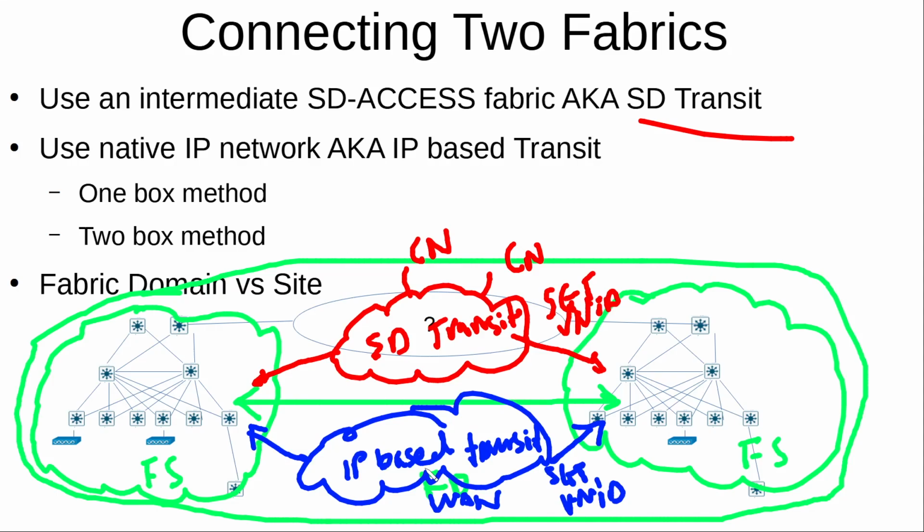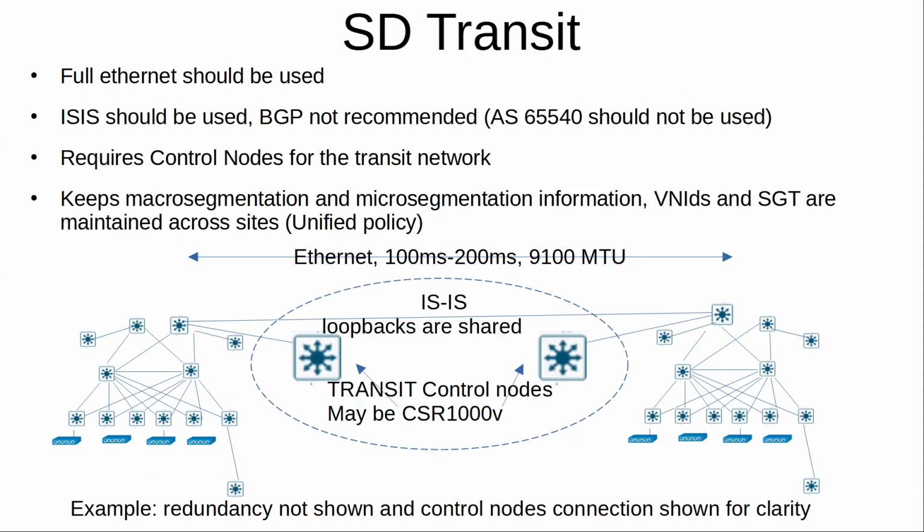So this is a challenge, being able to transmit these scalable group tags and VNIDs across this wide area connection. This IP-based transit solution has two methods, the one box method and the two box method, that we are going to see later on. So let's go to the first option, that is the SD transit solution.